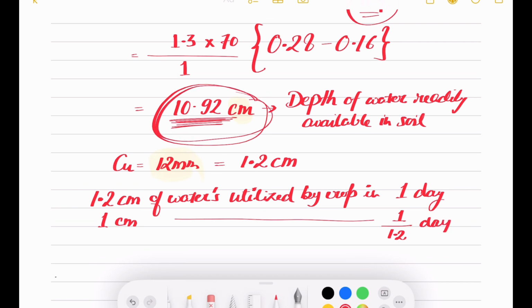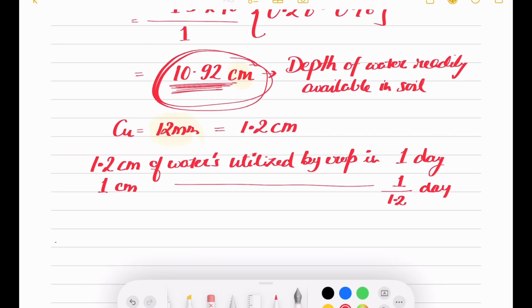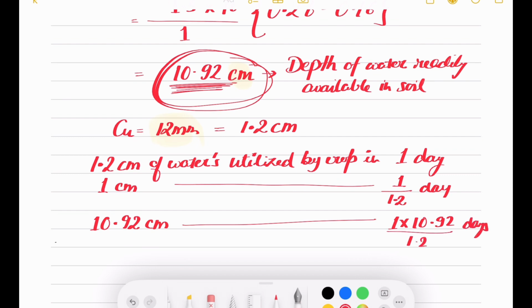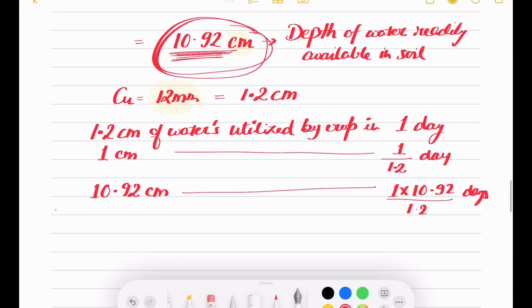So this 10.92 centimeters of water will be utilized by crop in how many days? 1 into 10.92 divided by 1.2 days, right? On solving it, you will get 9.1 days, right?